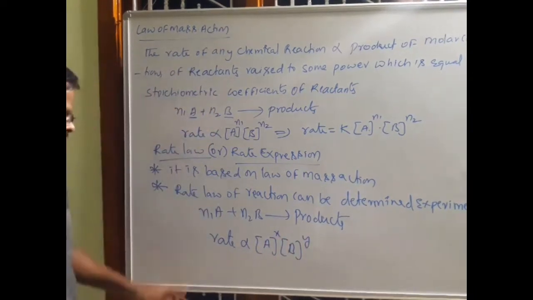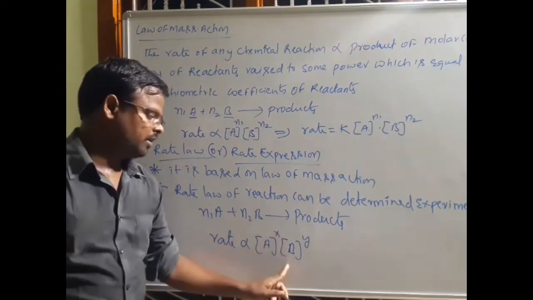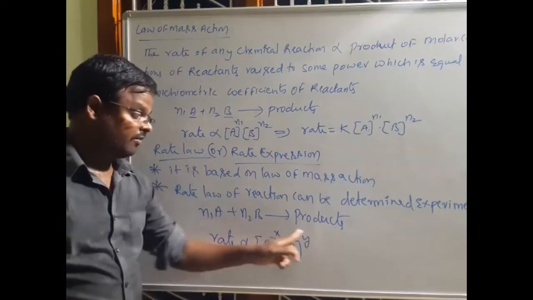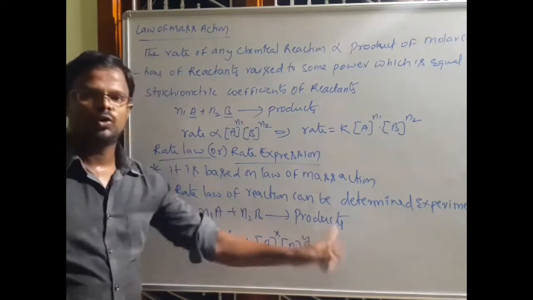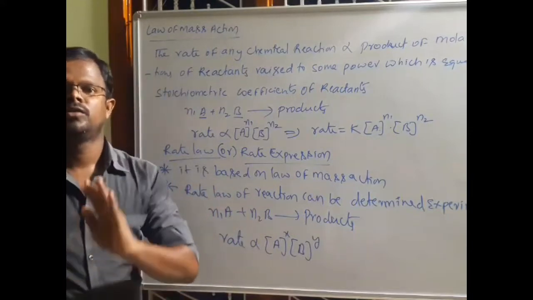Here the rate is directly proportional to concentration of A to the power x and B to the power y. The x and y may or may not equal their respective stoichiometric coefficients.